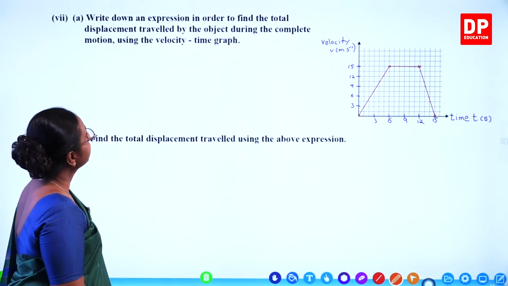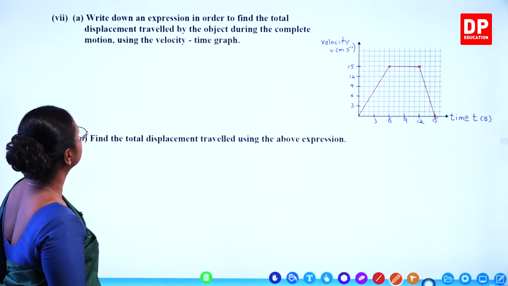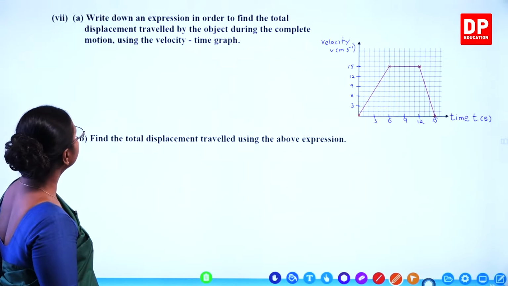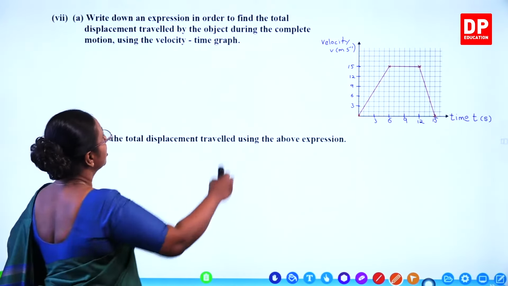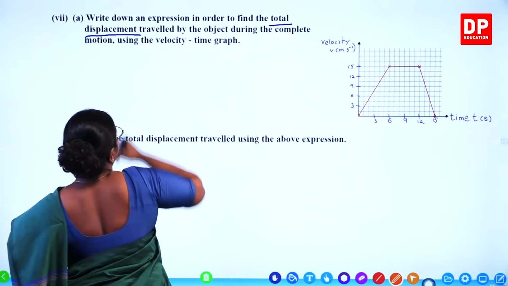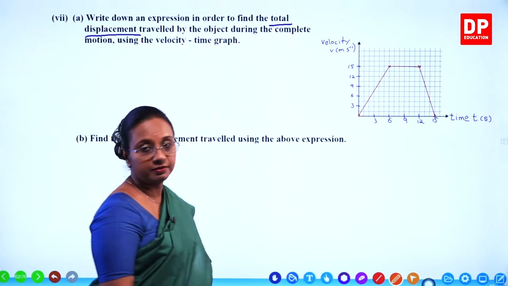Write down an expression in order to find the total displacement traveled by the object during the complete motion using the velocity time graph. So they want us to find the total displacement traveled by the object using the graph.